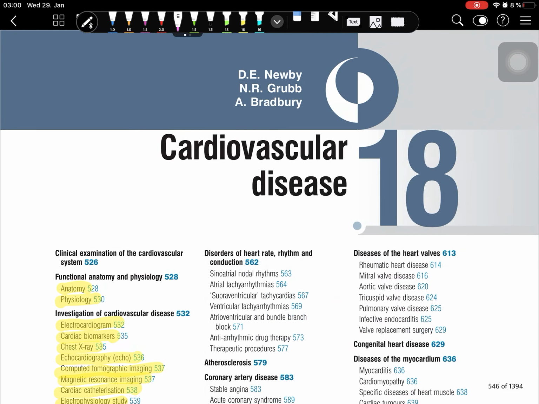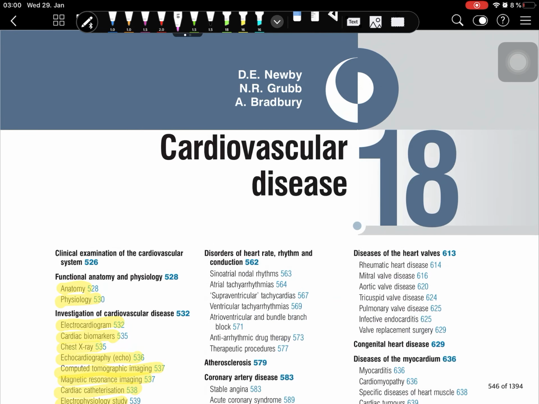So before studying any organ system, you don't need to open Snell's for anatomy or Guyton for physiology. You can just brush up your anatomy and physiology from this book, Davidson, and in the start of every organ system, it explains the anatomy and physiology relevant to diseases in a concise way.